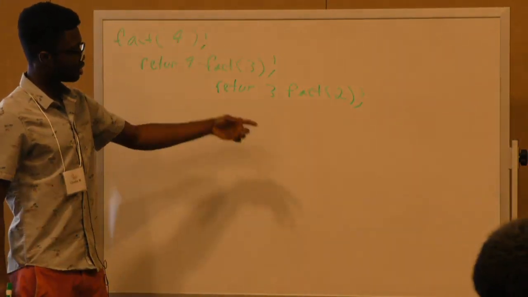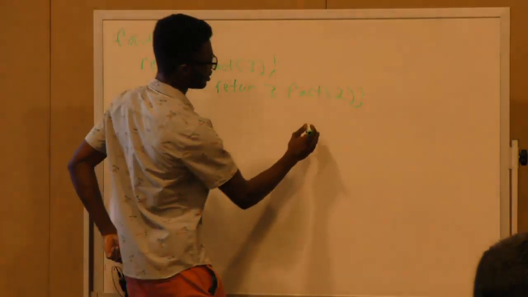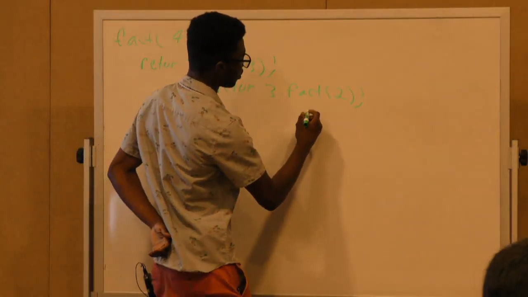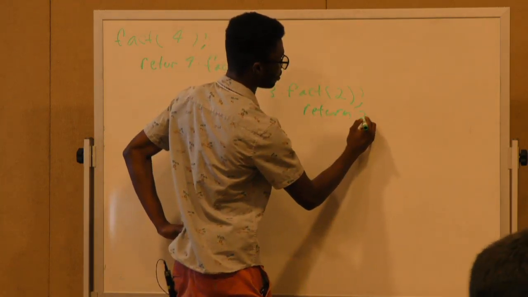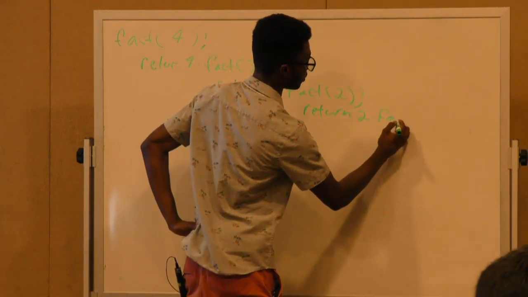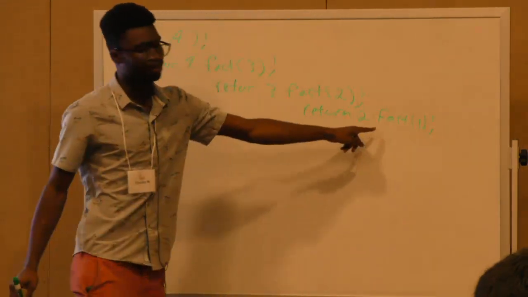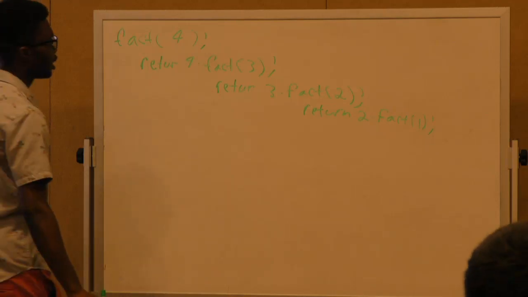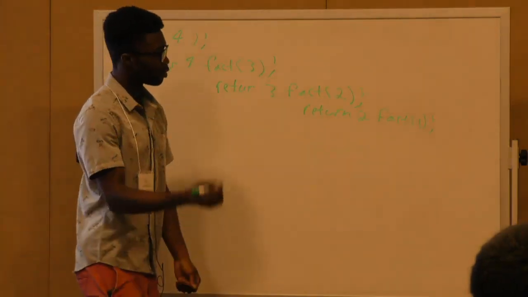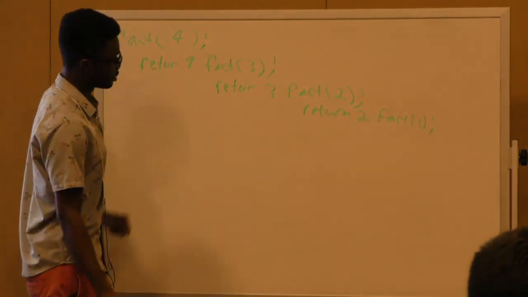Once again, 2 doesn't meet the base case, so we have to go one more level, and that's return 2 times the factorial of 1. So in this step, we actually reached the base case of our factorial, and now you can sort of trace back your steps to find your ultimate solution.